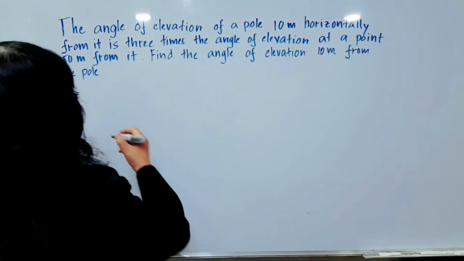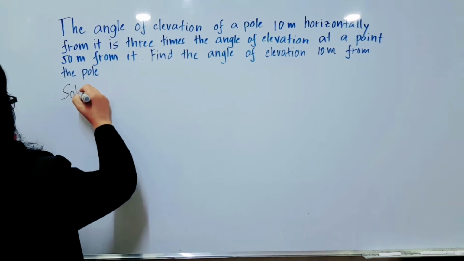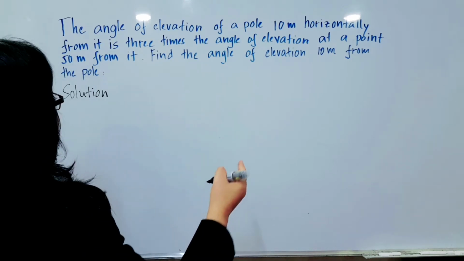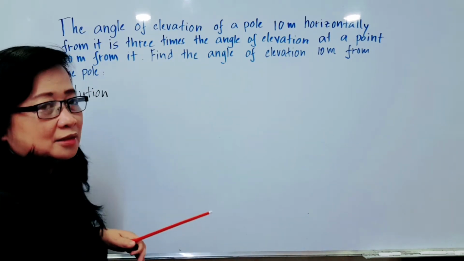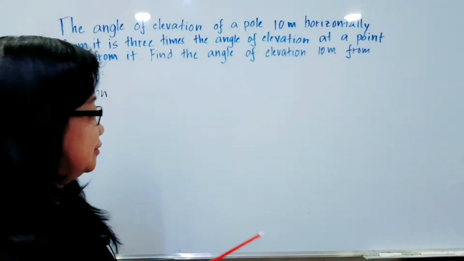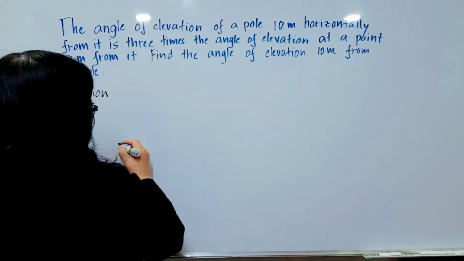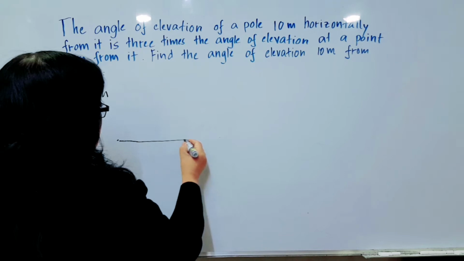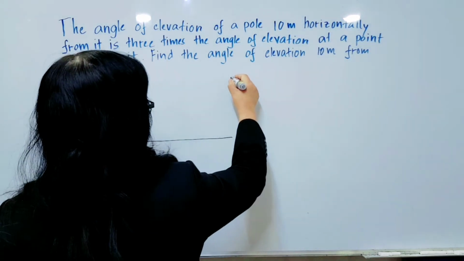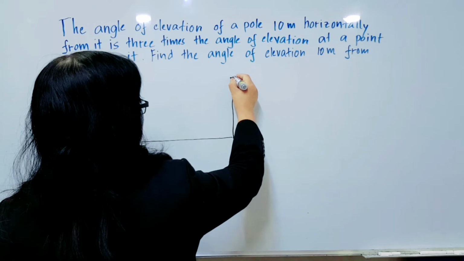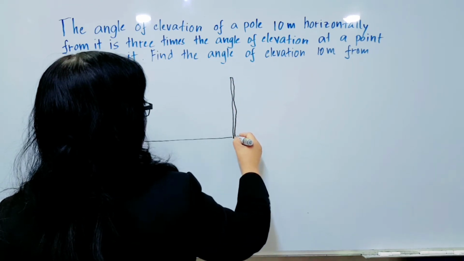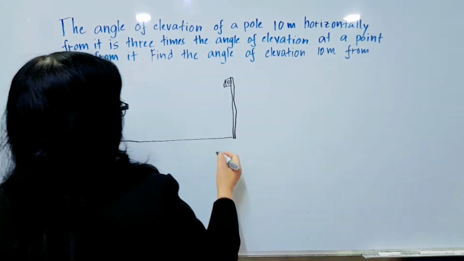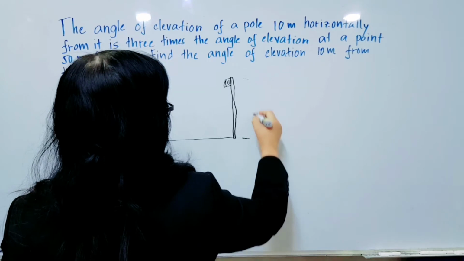Now, to solve this one, we have only the given distance. So we have to solve the angle of elevation. For example, at a certain point, I will draw the rough sketch of a pole. For example, this is a pole, and this is the height of the pole.